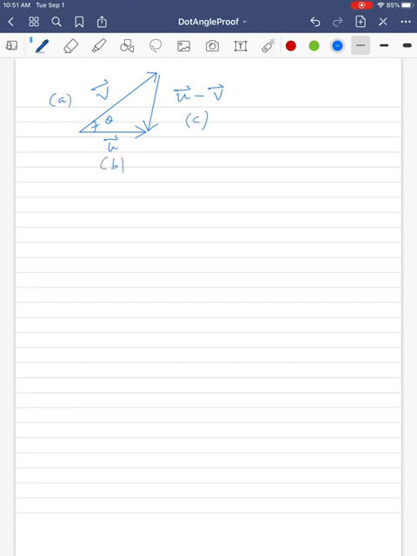It says that the length of u minus v squared is the length of u squared plus the length of v squared minus twice the length of u times the length of v times cosine theta.